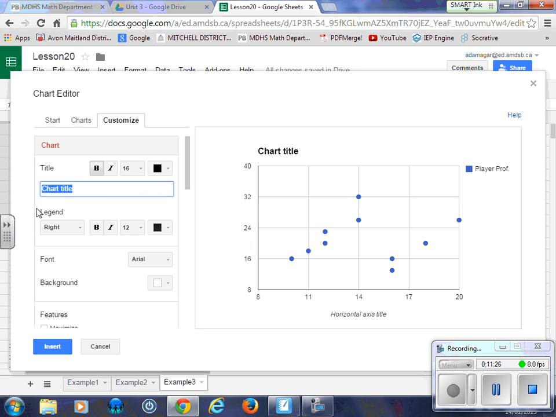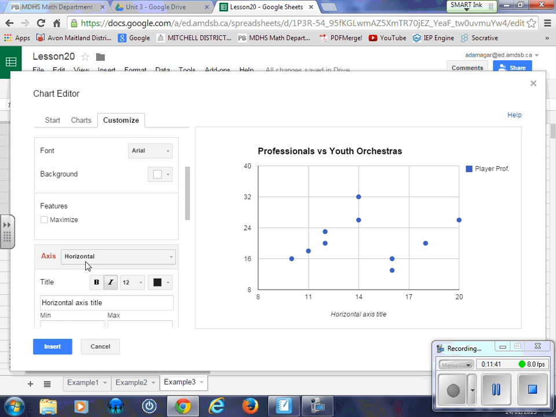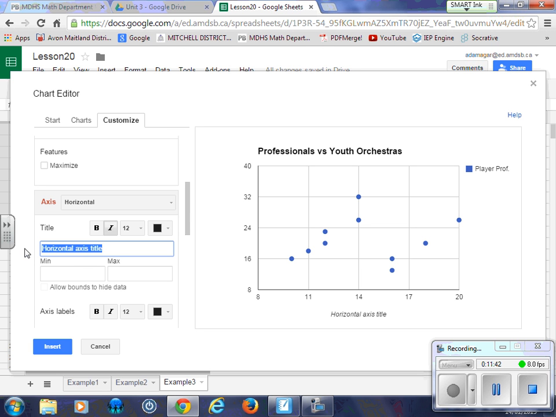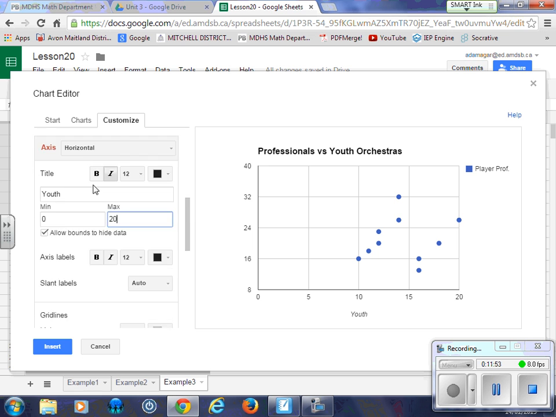We are looking at professionals versus youth orchestras. On the horizontal axis, we have our youth orchestras, and we'll go 0 to 20.